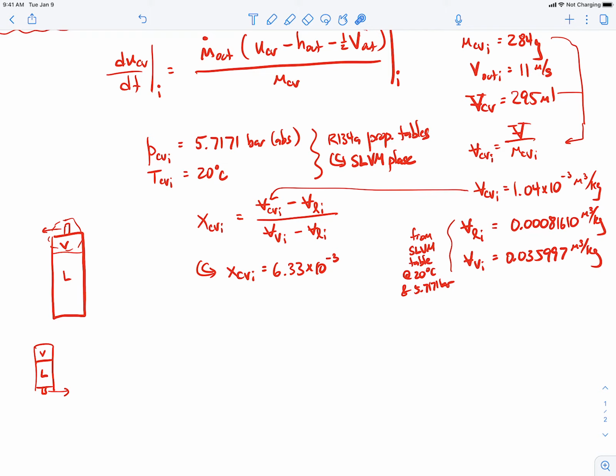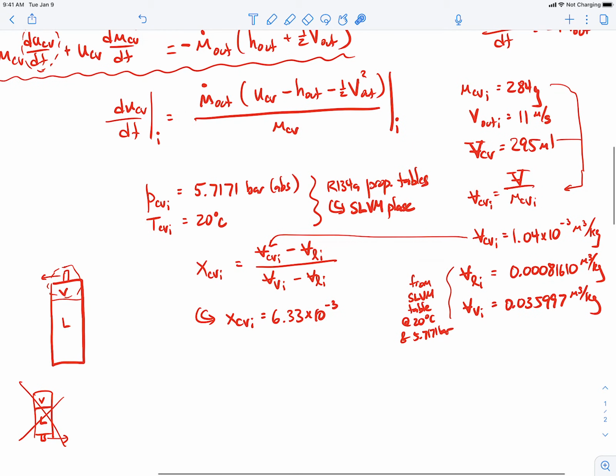You can damage your electronic components because the temperature gets really low, and you could also hurt yourself. You could give yourself frostbite. So they tell you don't do this. Instead, keep it upright so that you're discharging the vapor.